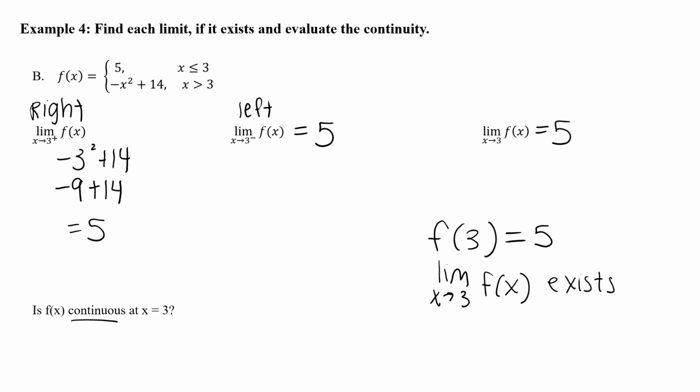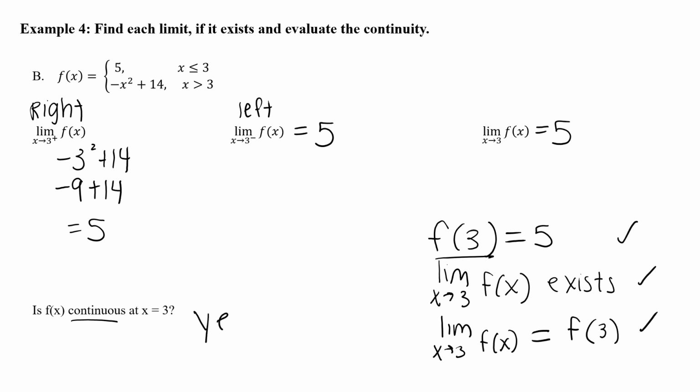And finally, we want to check that our limit as x approaches 3 of this function is equal to what our function is defined at 3, so f of 3. Both are equal to 5, so we satisfy all 3 conditions. So yes, this function is continuous at x equals 3.